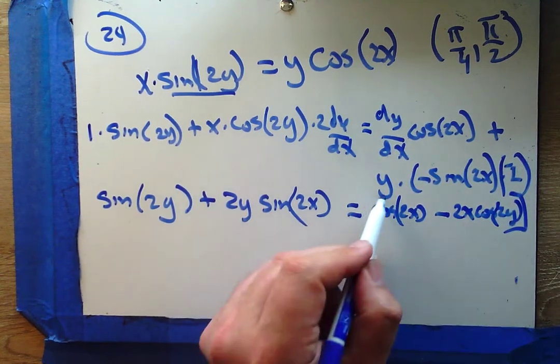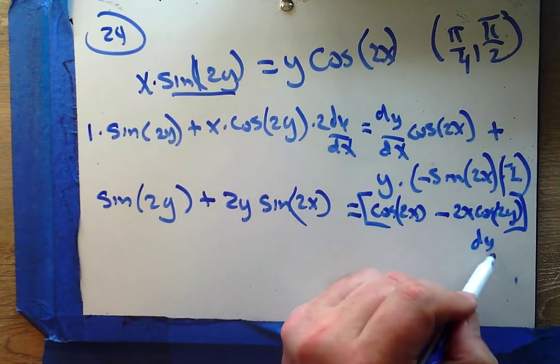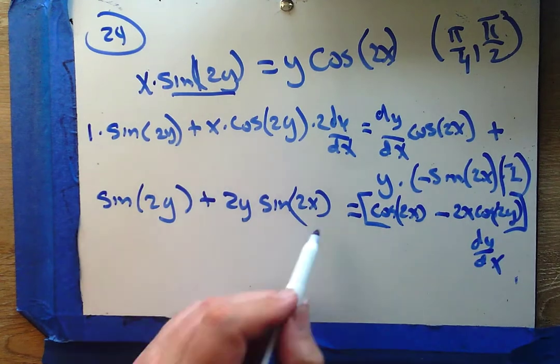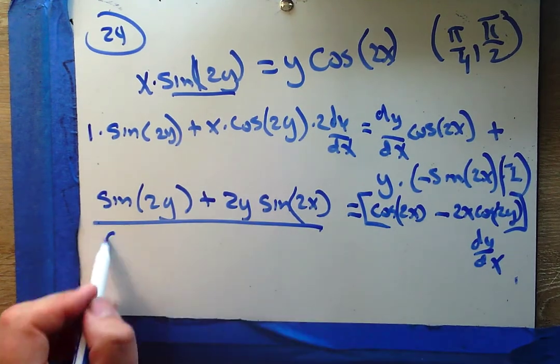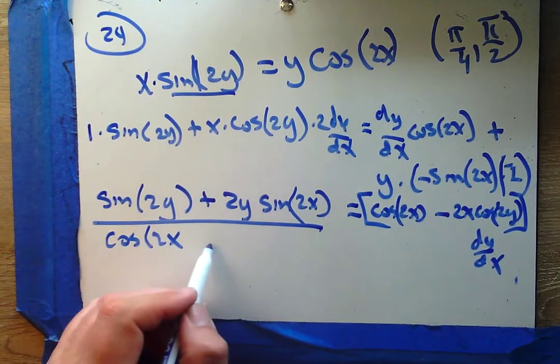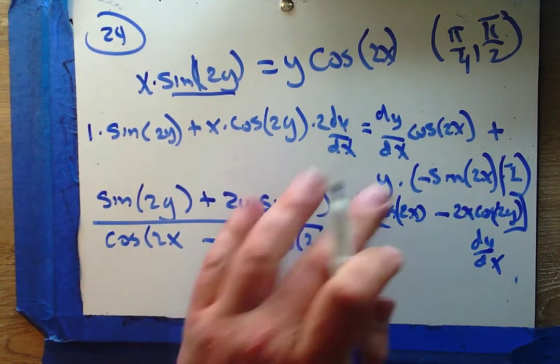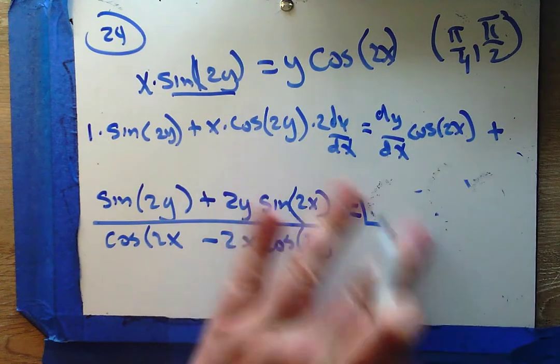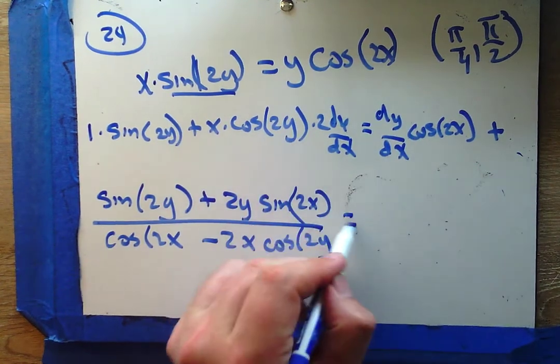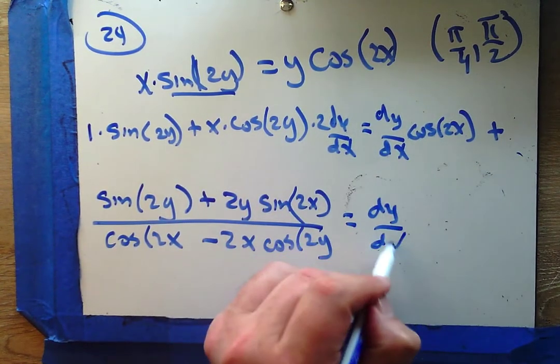And all of that times dy dx. So I need to divide both sides by this, cosine 2x minus 2x cosine 2y. Okay. That's my dy dx.